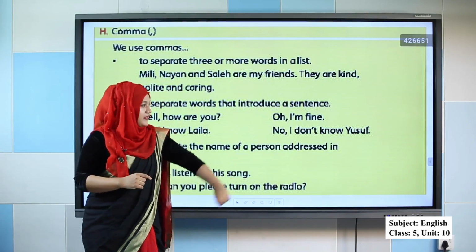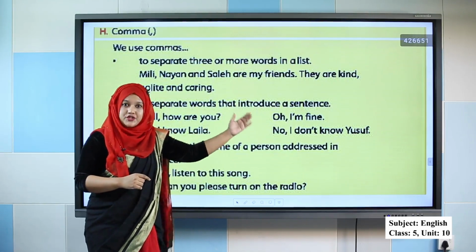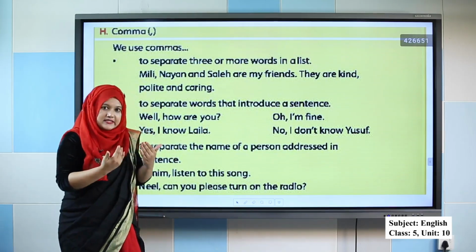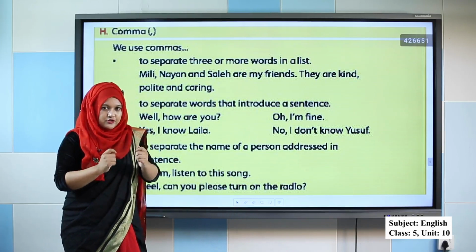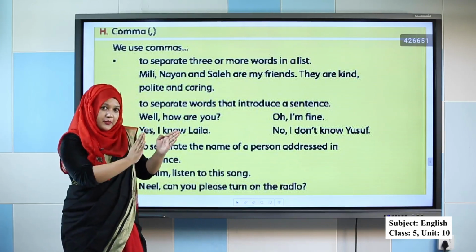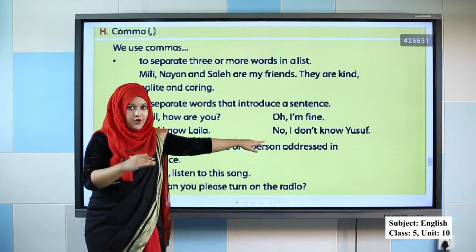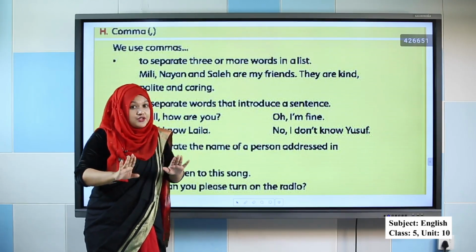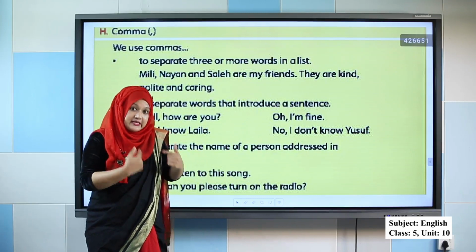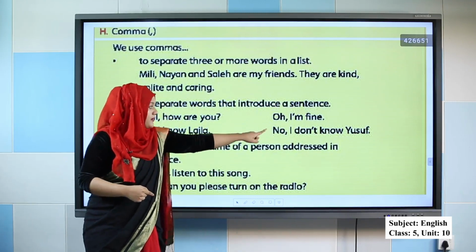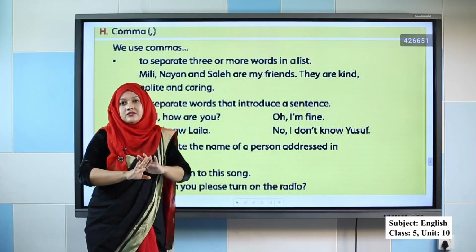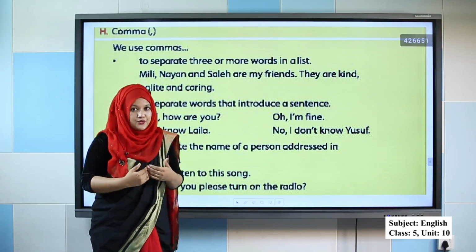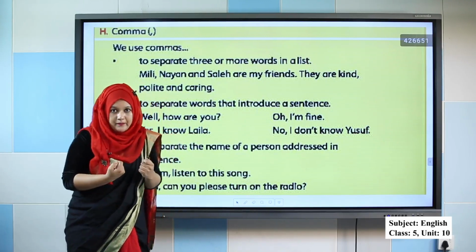So, I don't know Yusuf, this sentence is just introduced. So we need to separate the word no from the sentence. We need to use comma after the word no. Okay, and this is our second rule for using comma.